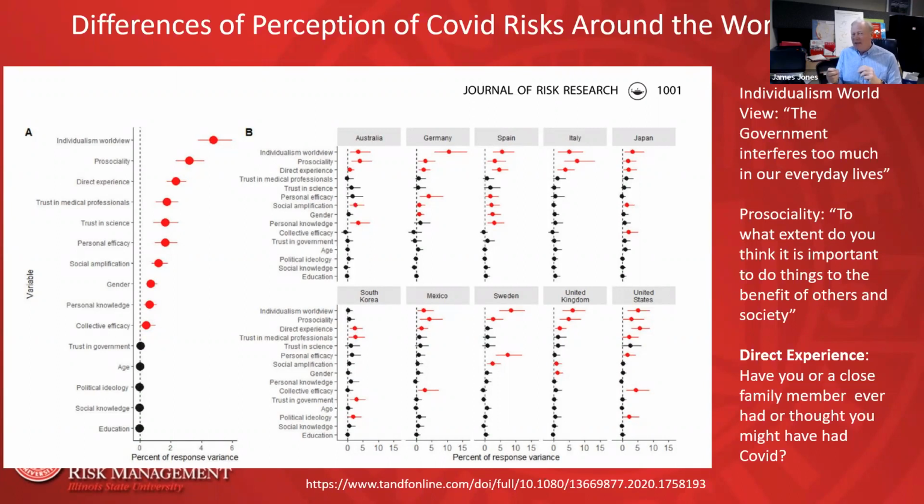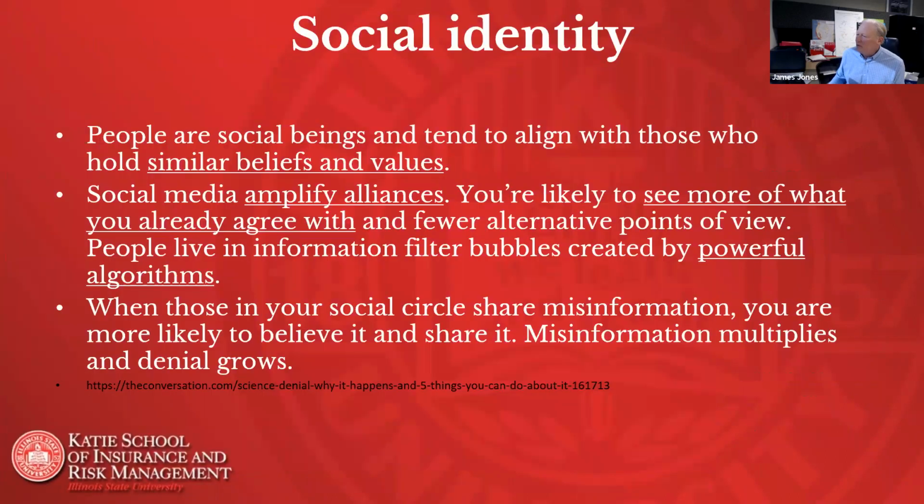So the tightness doesn't tell you if they're going to get vaccinated. It just tells you how the information is going to get shared. So hopefully we'll get that published soon.